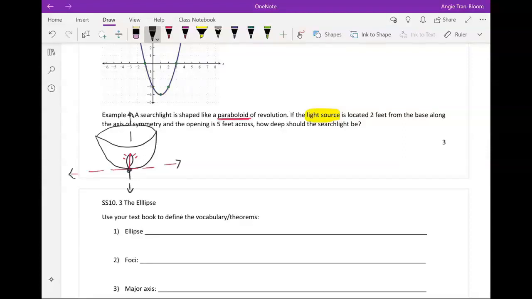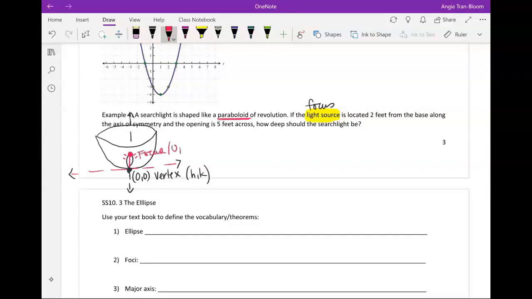So the base is at the origin, 0, 0, which is your vertex, okay, which is your h, k. So when the base or the vertex is at the origin, h and k will always be 0, 0. Now the word light source, this is where the focus is. They gave it to us.